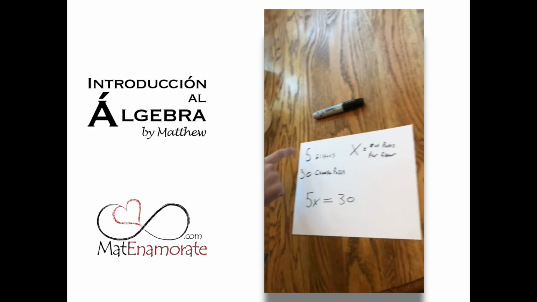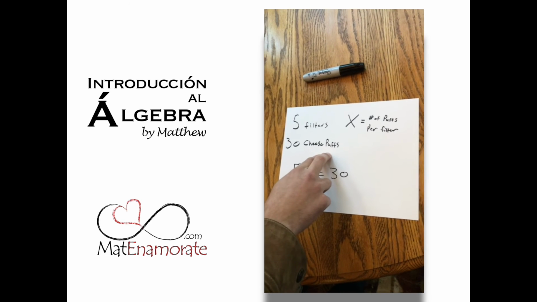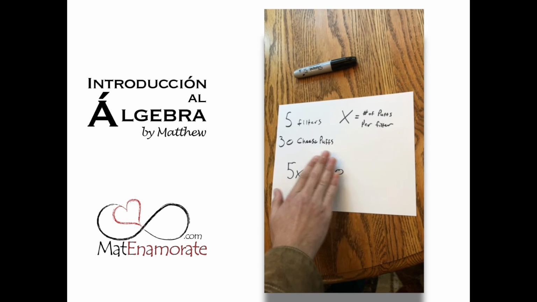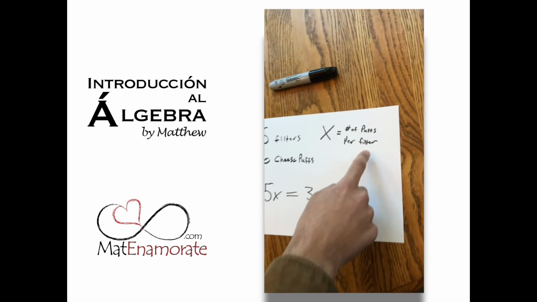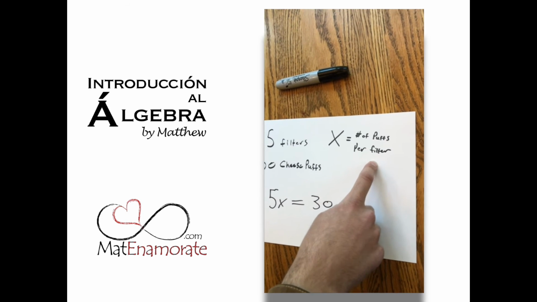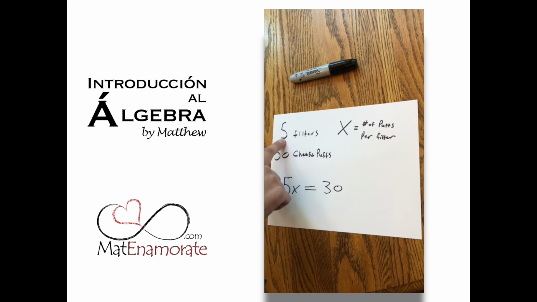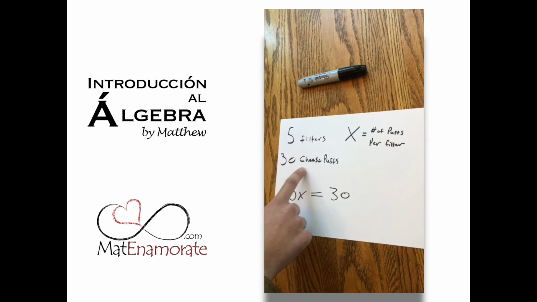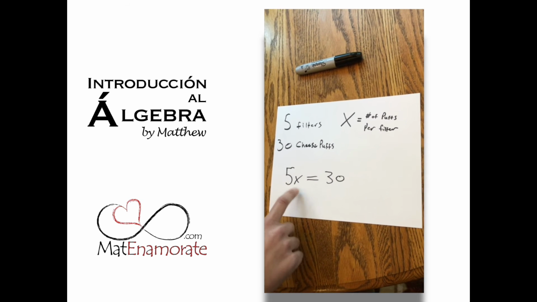We have 5 filters and 30 cheese puffs. So, in order to find x, which is the number of puffs per filter, we will multiply x times 5 to get 30 cheese puffs, getting 5x equals 30.